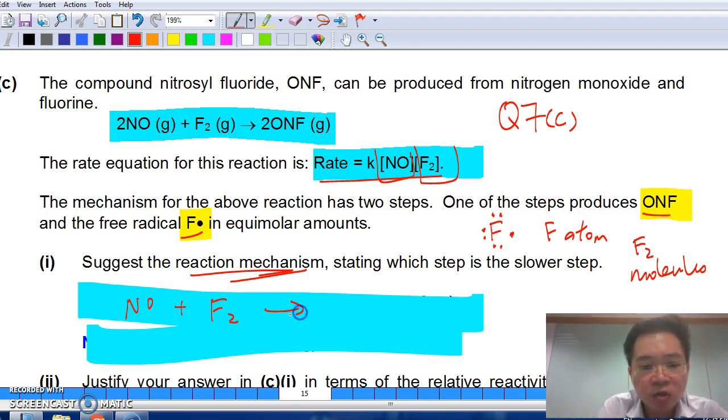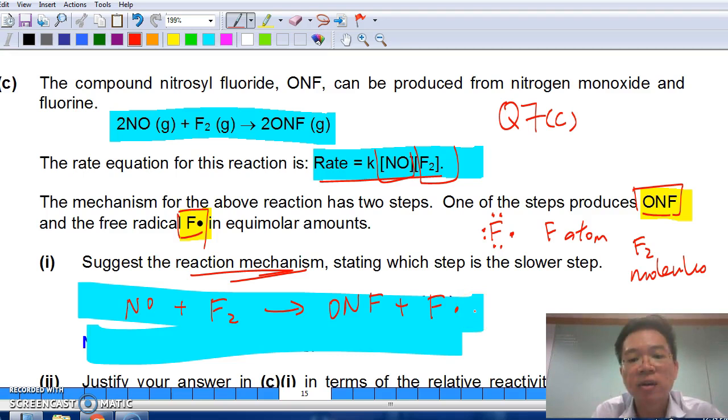Okay, let's try NO and F2. We have to suggest the product. We can try this one first, because in proposing a mechanism, at the end of the day, the method is still trial and error. So let's try ONF plus F dot. Does it balance off? Yes, it balances off.